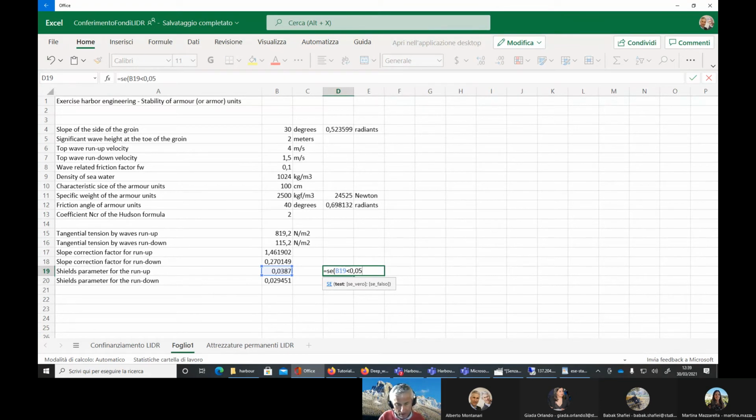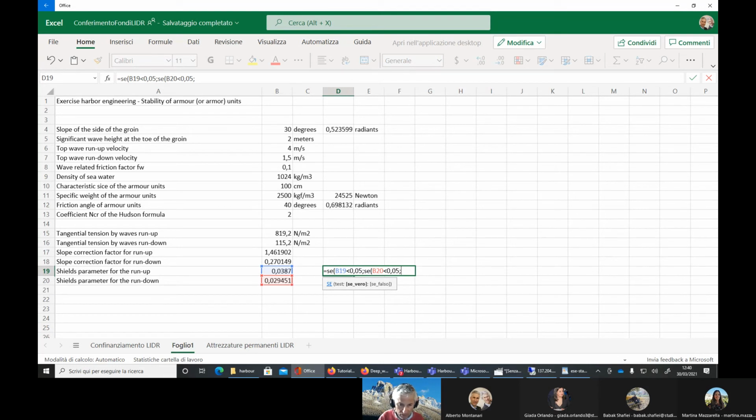And if the condition is true, what I have to do is to put another condition. And then I have to look at this one, because I want to put a joint condition. I want to check whether both of them are lower than 0.05. So let me put the second condition.